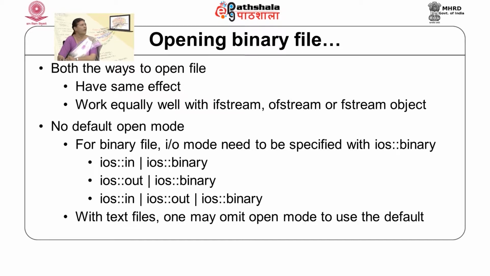So, for ifstream the default is in, for ofstream the default is out, and for fstream the default is in and out, whereas with binary mode we must specify the mode in, out, or in and out for ifstream, ofstream and fstream respectively.